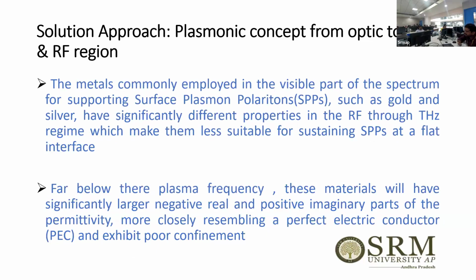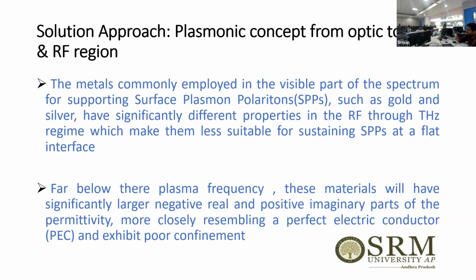So most RF engineers and researchers are trying to bring the characteristics of surface plasmon polaritons from the optical range down to the microwave or lower frequency range. That's why they are doing research on that. The metals commonly employed in the visible part of the spectrum for surface plasmon polaritons, such as gold and silver, have significantly different properties than those at RF through terahertz regimes.